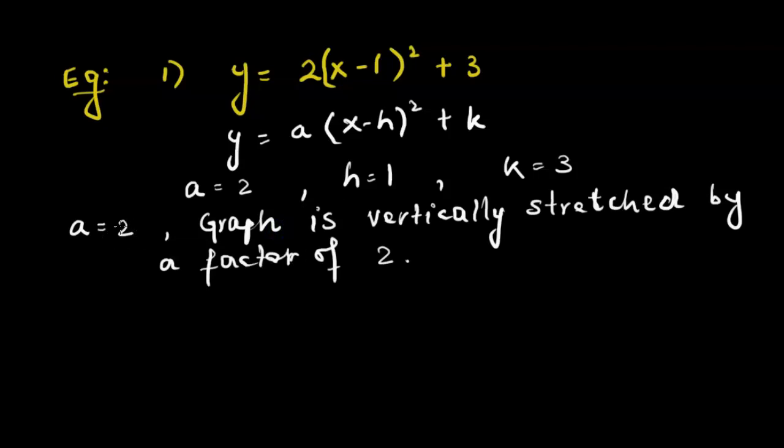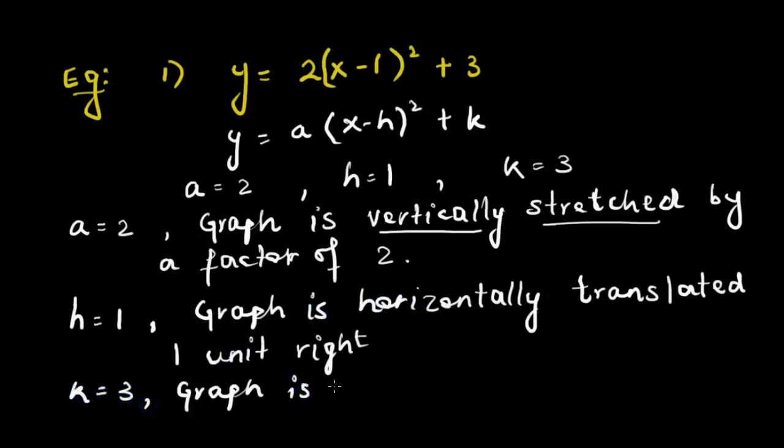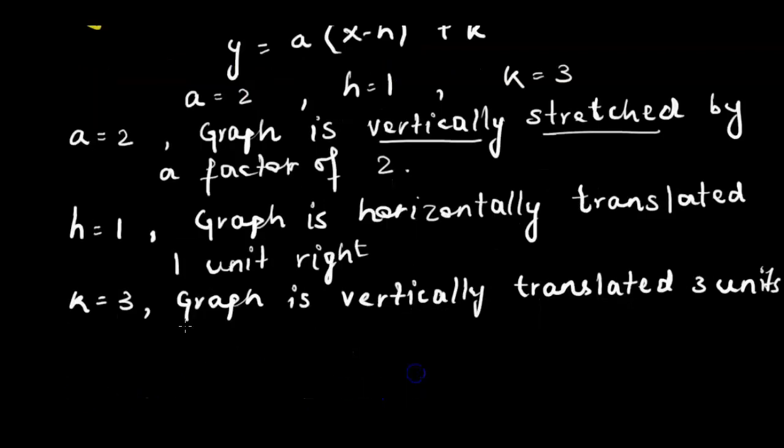Next we have h is 1. h is a positive 1, so we write down that the graph is horizontally translated 1 unit right. Similarly, we can describe the k value, which is equal to 3, because k describes the vertical translation. So k = 3 means the graph is vertically translated 3 units up. That's how we describe the transformations.